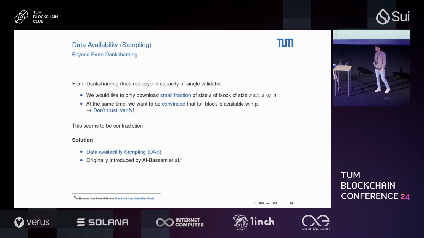And the solution to this is data availability sampling, which was originally introduced by Al-Bassam et al. in a paper, I think from 2018 or something. And yeah, so let's look at how this can be done.